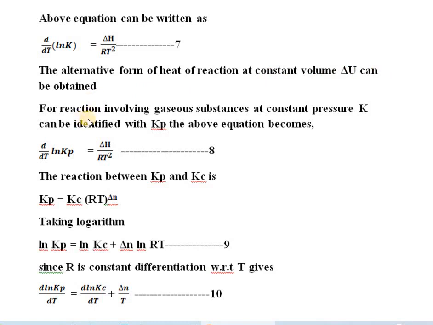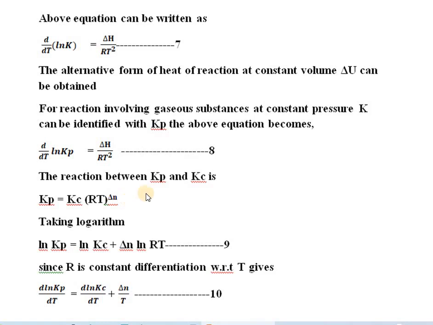Hence, for reactions involving gaseous substances at constant pressure, the capital K can be identified with Kp. Then equation 7 becomes d by dT of ln Kp is equal to delta H upon RT square, equation 8.